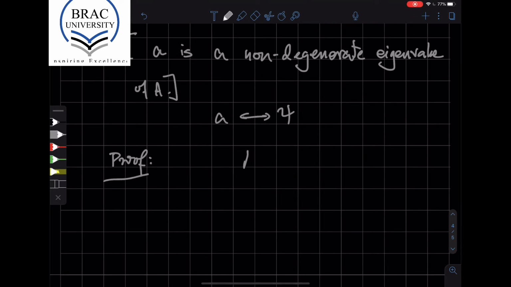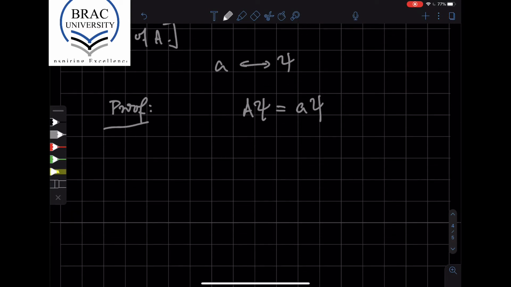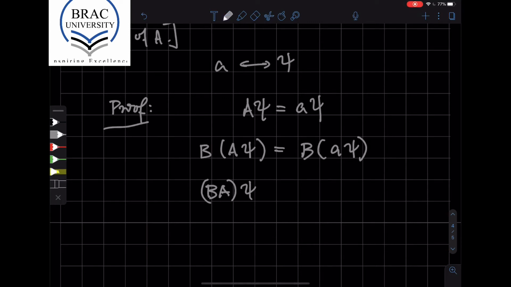So we start with the fact that psi is an eigenfunction of A, and then we apply B to this equation. So we multiply this equation by B from the left. Before we do that step, let's just write this as B times A acting on psi, or B times small a acting on psi.